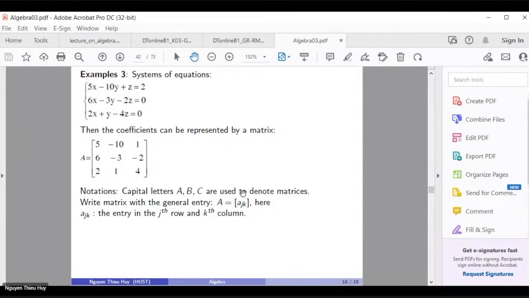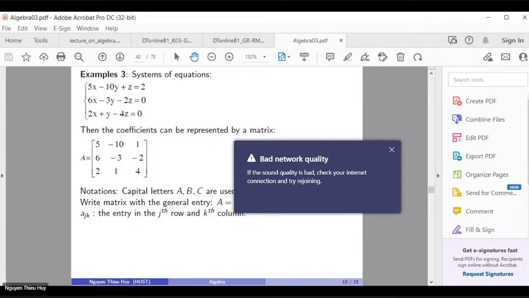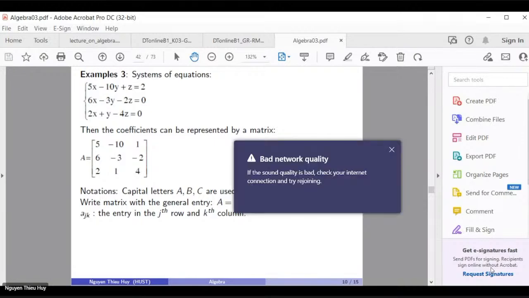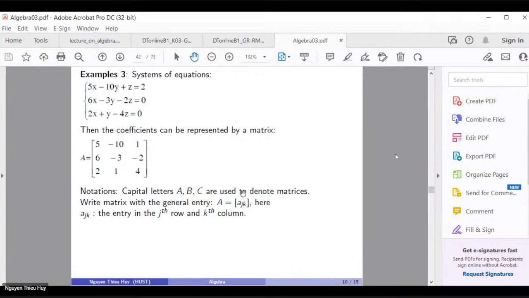An entry is written as a sub jk in brackets. We have two indexes because an entry belongs to a row and a column. The first index here indicates the row that it belongs to, and the second index indicates the column that the entry belongs to.